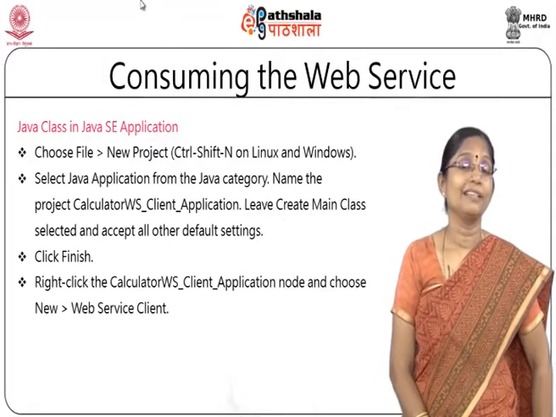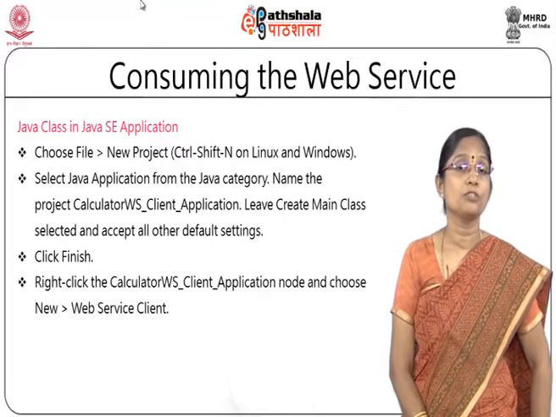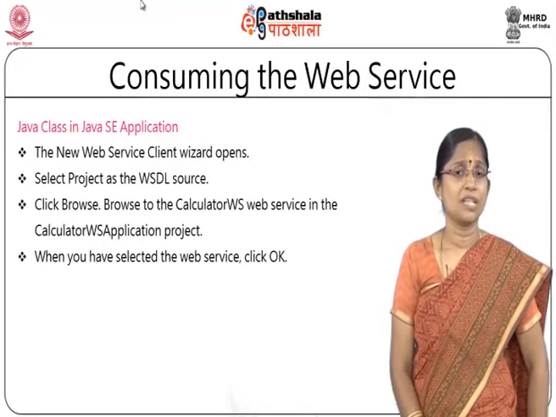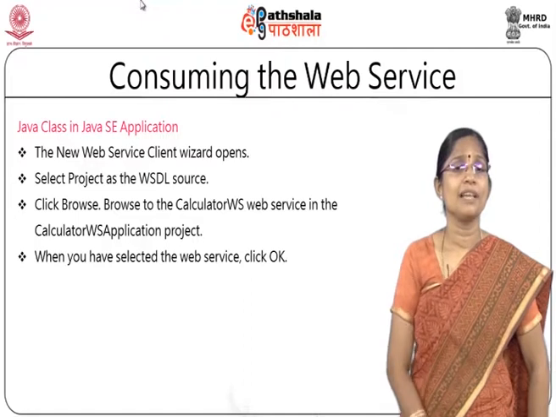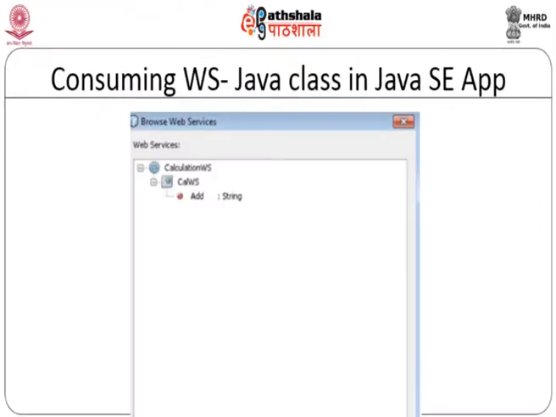For that client application, now you are going to choose an apt web service. When we have selected the web service, we can click OK. Now you can see the calculator WS application is the Java client application we have created. For that Java client application, we are going to make use of the web service called calculator web service.